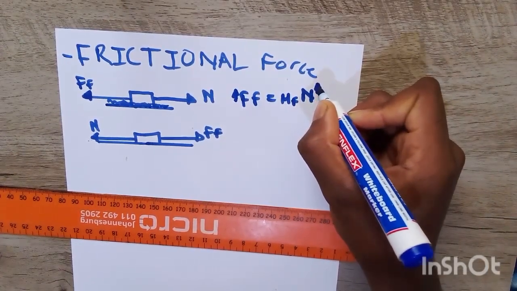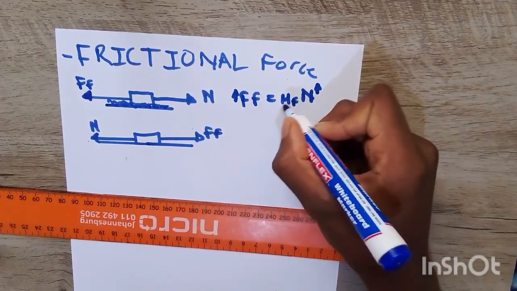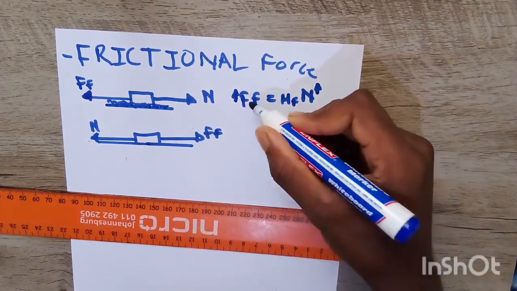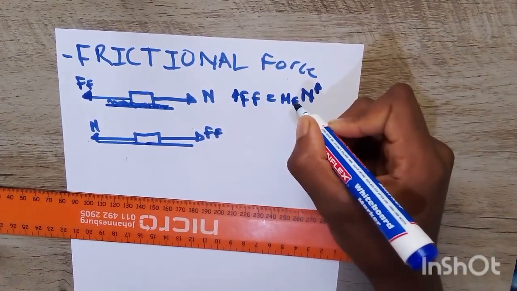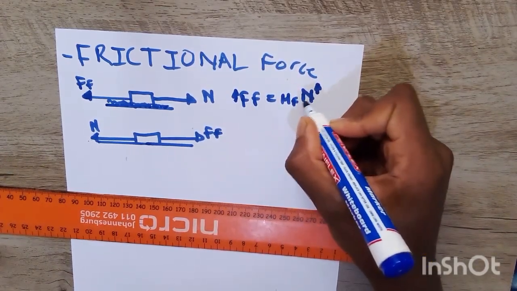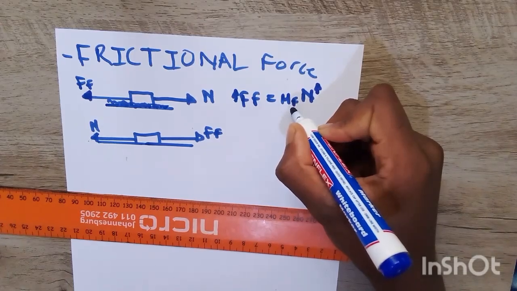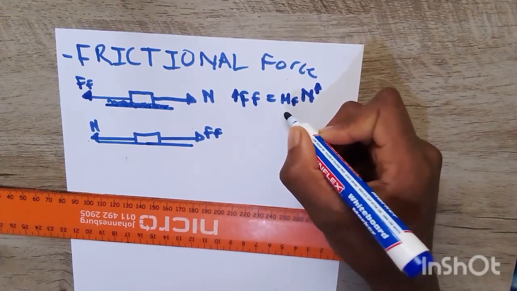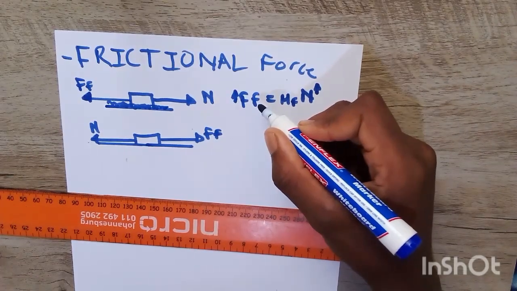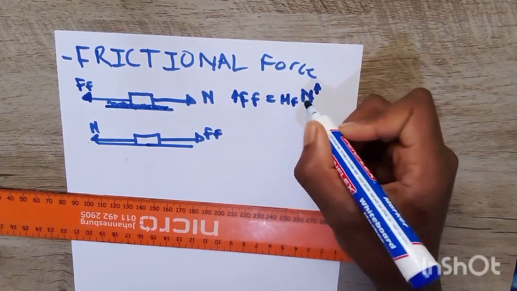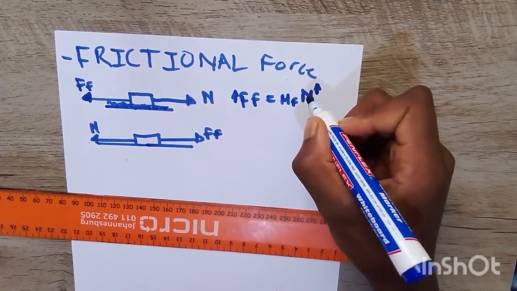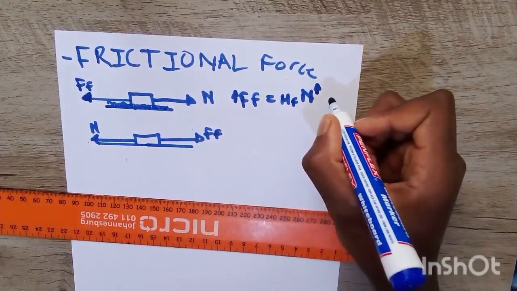The normal force. Meaning our coefficient is going to be lesser. Because these two are directly proportional. The frictional force is directly proportional to the normal force, and it's inversely proportional to the coefficient of friction. Always know that. Meaning, when the frictional force increases, the normal force will also increase. When the frictional force decreases, the normal force also decreases.